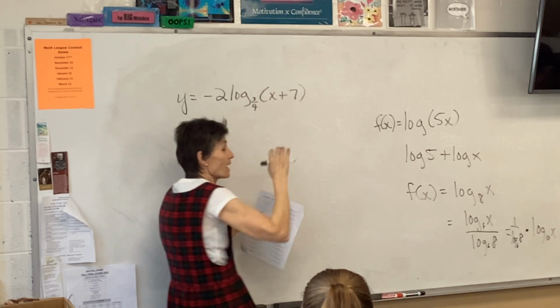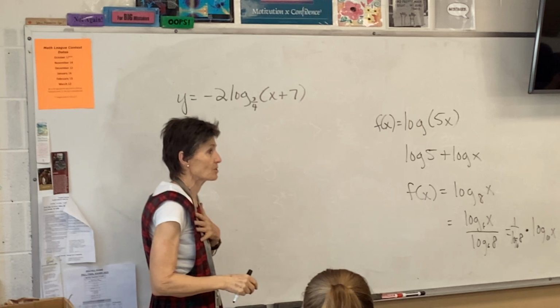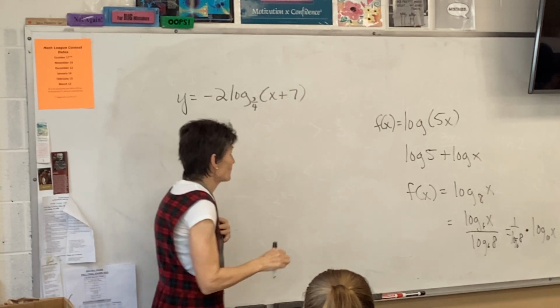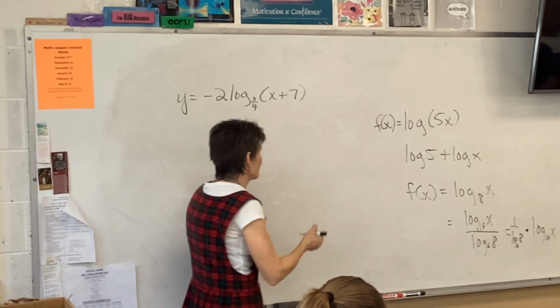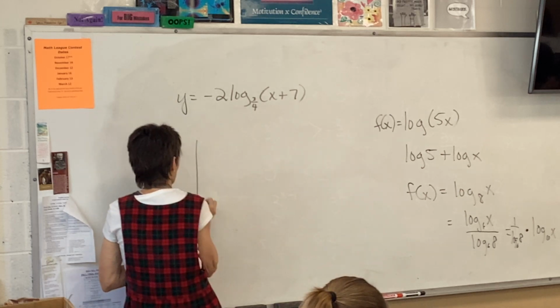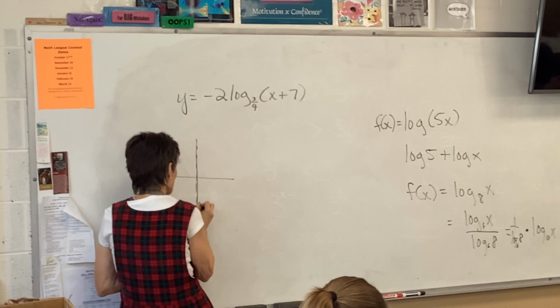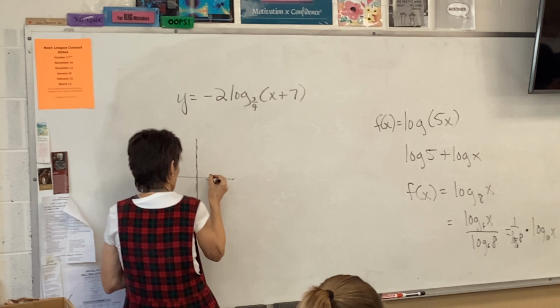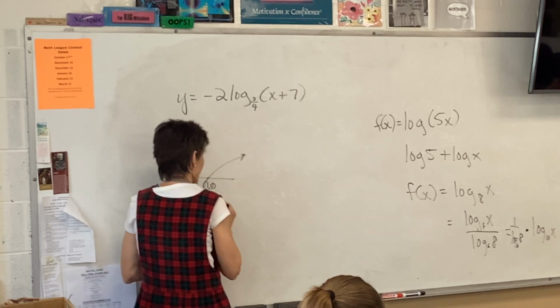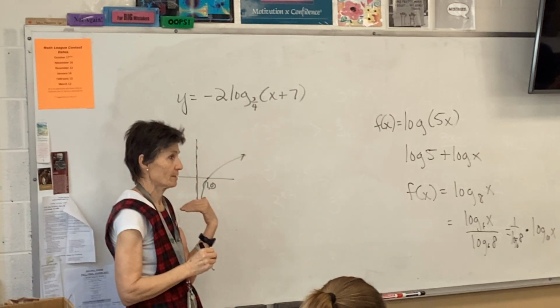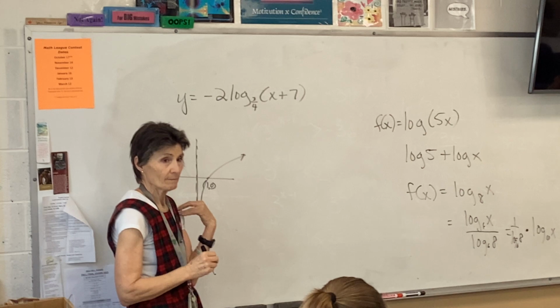You all have your own style of doing things, but I always start with, what does a normal logarithm look like? This is a logarithm equation. A normal logarithm has an asymptote at 0, an intercept at 1, and looks like that. That is a normal logarithm, right?